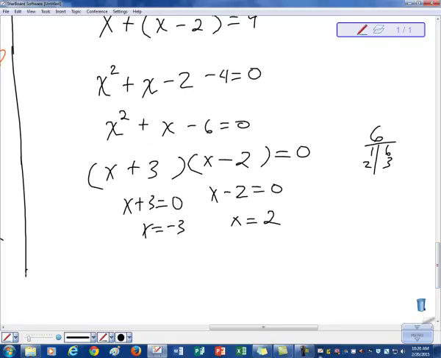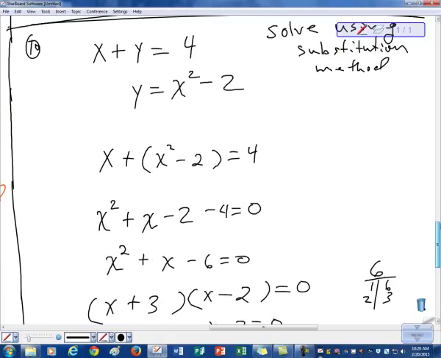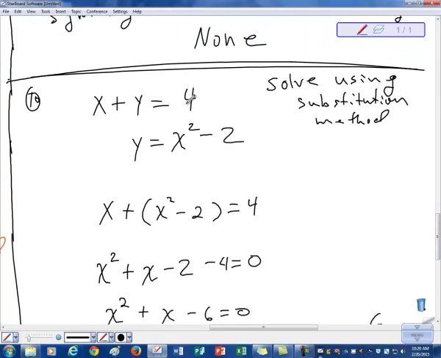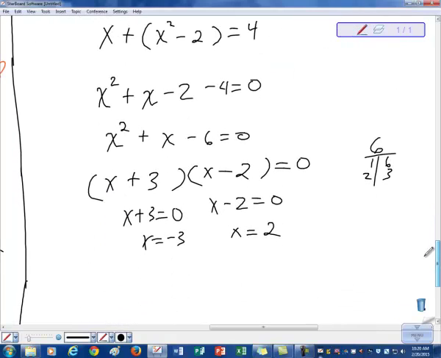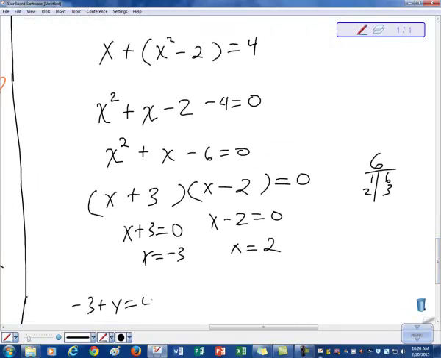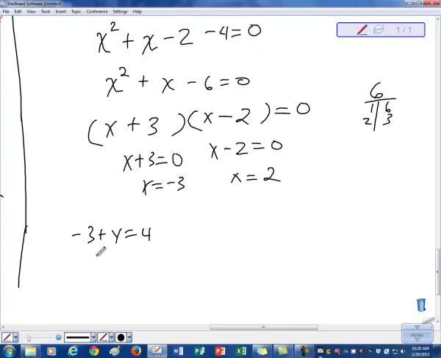So we have our x values, but we have to find our y values. So we can substitute that back into the first equation, since that would be the easier one to work with. And so this would be negative 3 plus y equals 4. And we would solve for y. Isolate the y, and we get y equals 7.